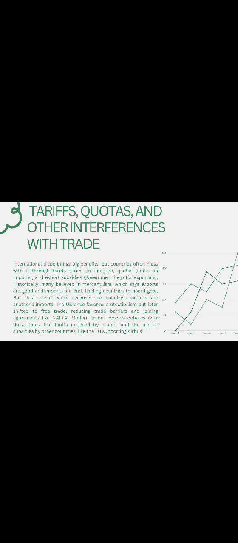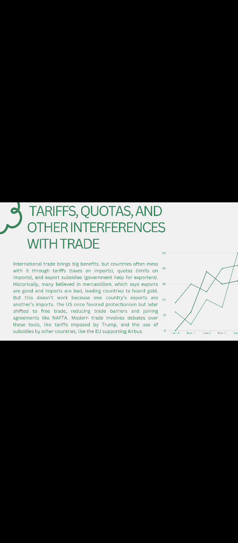Historically, many believed in mercantilism, which says exports are good and imports are bad, leading countries to hoard gold. But this doesn't work because one country's export is another's import.